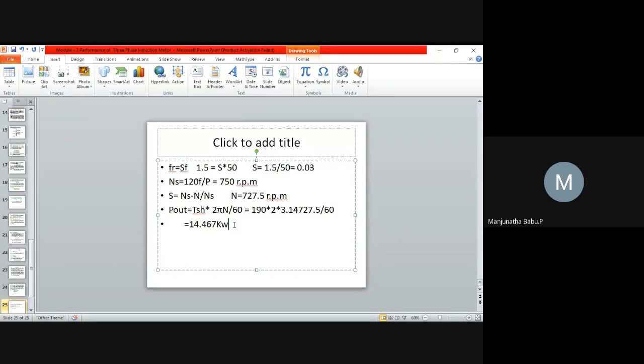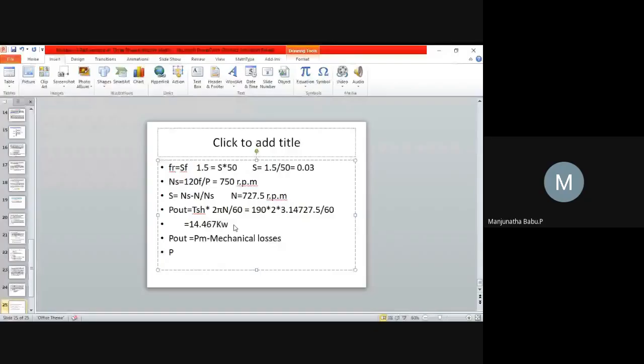Okay. So now output power P out will be equal to PM minus mechanical losses. Mechanical losses he has given as 700 watts.